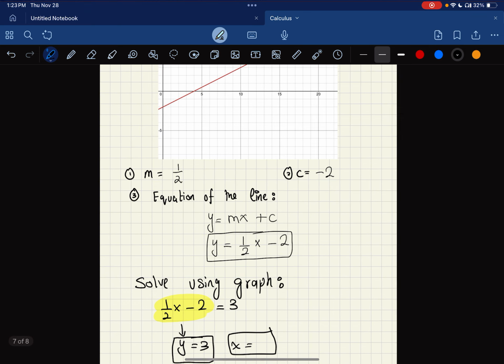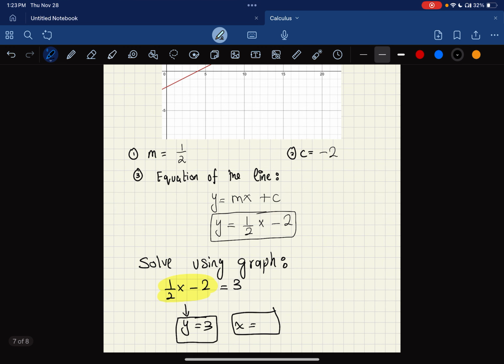So in this case, you can provide an algebraic solution over here, but they're asking you to make use of the graph, so you would have to recognize that 1 over 2x minus 2 equals to 3 is just the y itself. Hence, they're just asking you when y is equal to 3, what is the corresponding value of x?